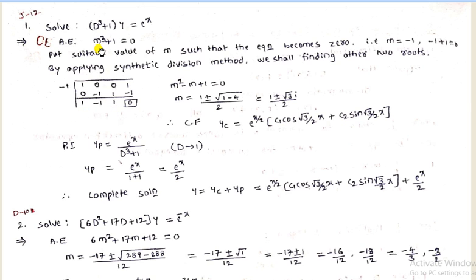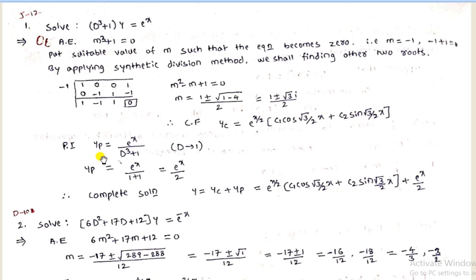In the previous class we explained how to calculate roots if the equation is cubic or fourth power. Substitute a suitable value of m such that the equation becomes 0, and then apply the synthetic division method to obtain the roots.